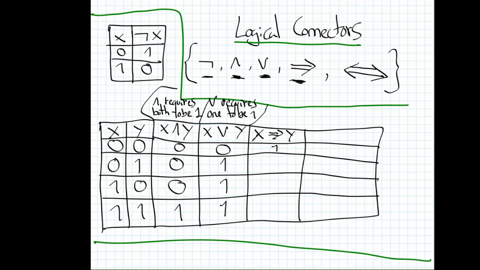And the same applies to the following. In case x has the value 0, again, y, which is 1, it will be 1.